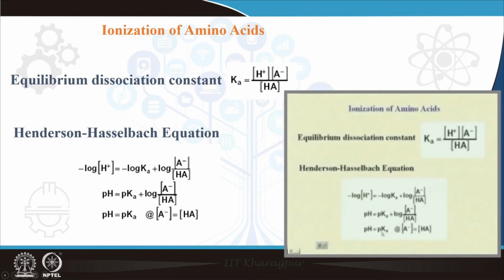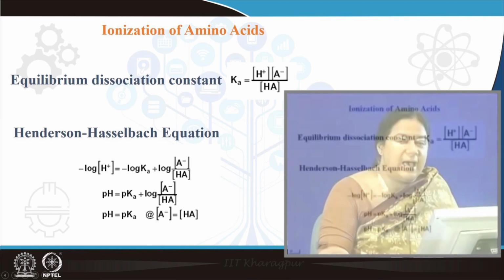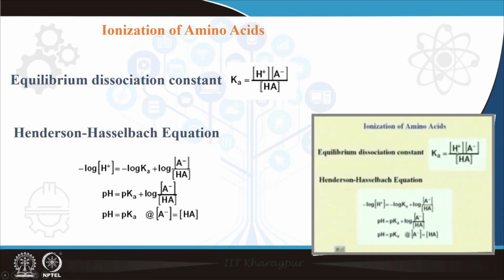We are considering our amino acid as 1 HA form, right? And we consider the dissociation from HA to H plus and A minus. And what am I getting from there? I am getting a pH equal to pKa when my A minus is equal to the HA. Fine?